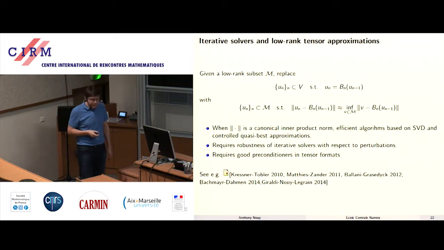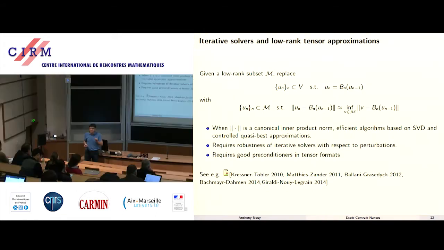So first, the first class of techniques to approximate the solution of an equation is to use iterative solvers, your favorite iterative solvers. You have, for example, an iteration of an algorithm that can be Richardson, conjugate gradient methods, whatever you like for your equation, and you know it's a convergent algorithm.